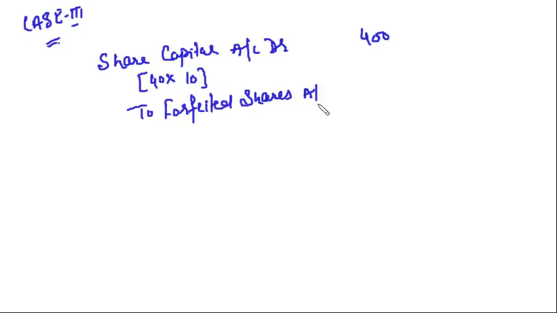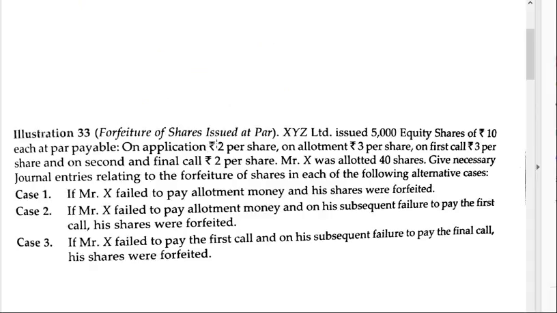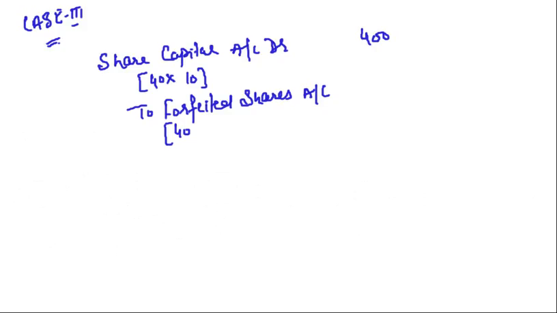Now how much money you have received in this case? On 40 shares, you have received application money of 2 rupees and allotment money of 3 rupees. So total 5 rupees you have received. So whatever you have received will be transferred to an account known as forfeited shares account. So 200 will be transferred.